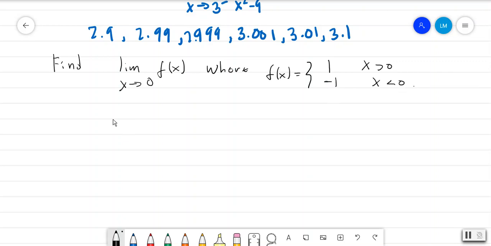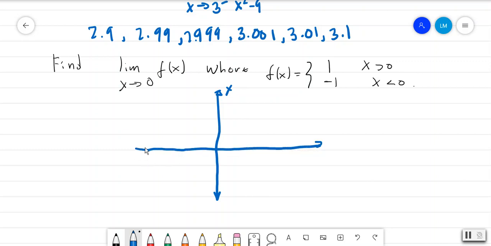This is where I'm basically forced to use a graph. So we draw our y-axis and our x-axis, and all that we need to do is draw the graph.